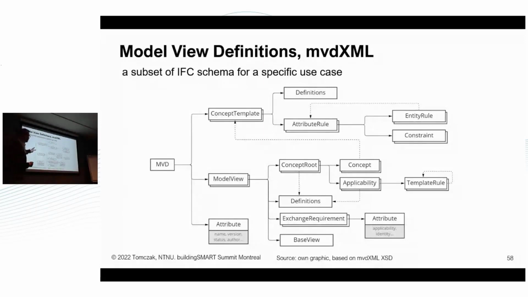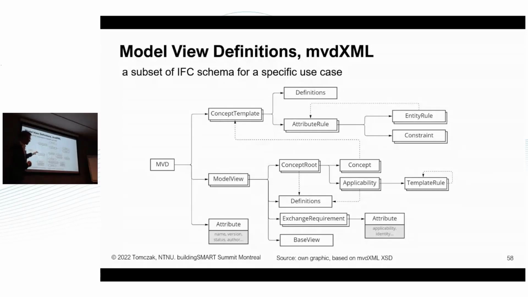So it has these concept templates that are telling you what concepts should be in your IFC model. They have definitions, they have attributes and constraints. It also has this model view with concept rules, and I must say I'm not an expert on that, so I won't tell you all the details. I only try to understand it.